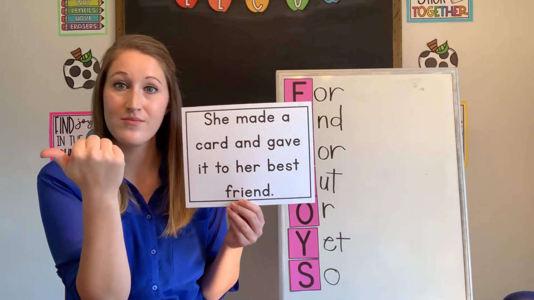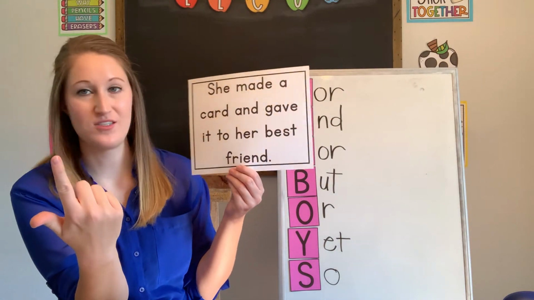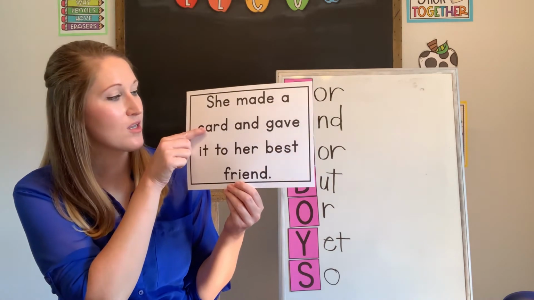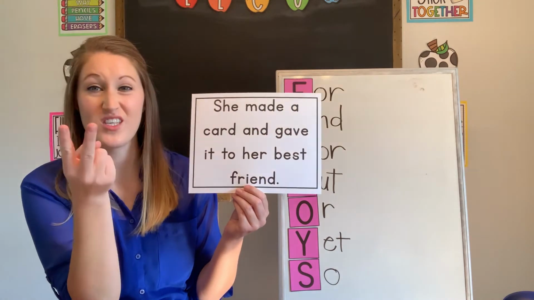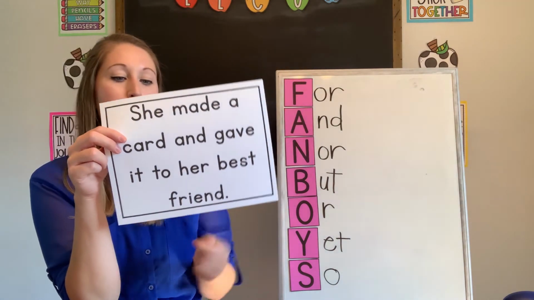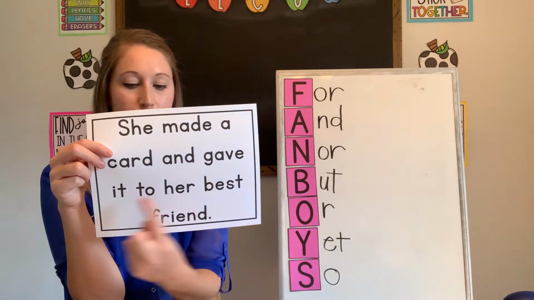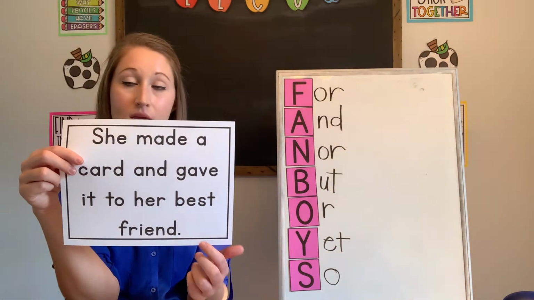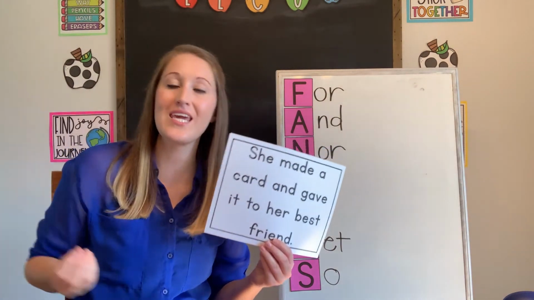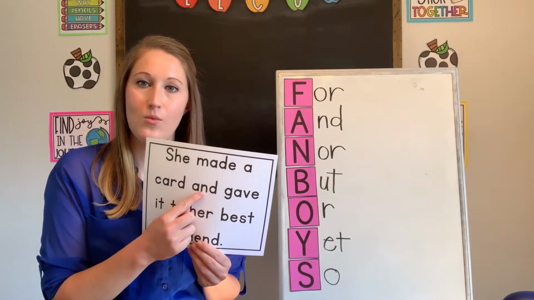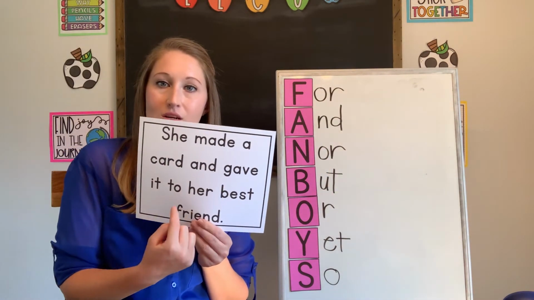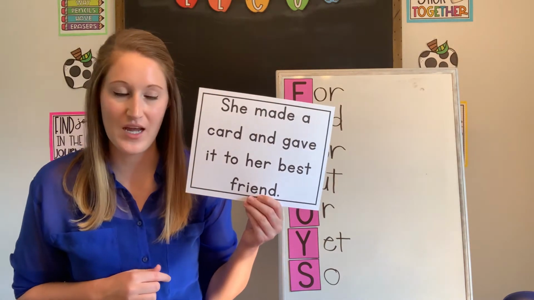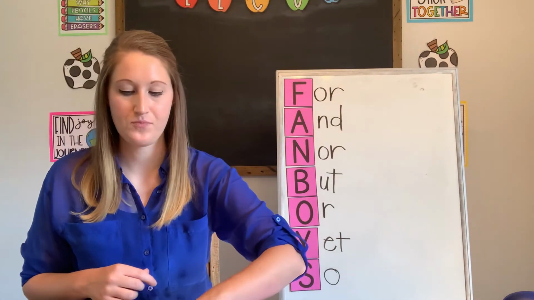She made the card and she gave it to her best friend, right? She made a card. We can do two sentences, right? She made a card, period. She gave it to her best friend, period, right? But instead we're linking those two sentences together using that word and. She made a card and gave it to her best friend. Very good.